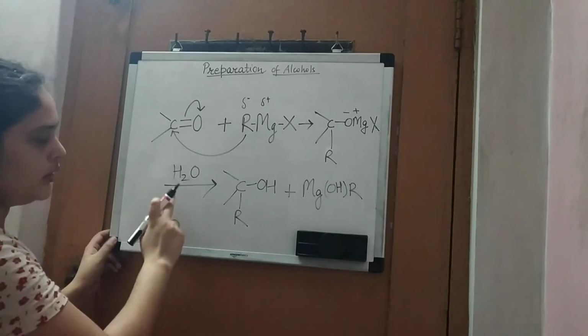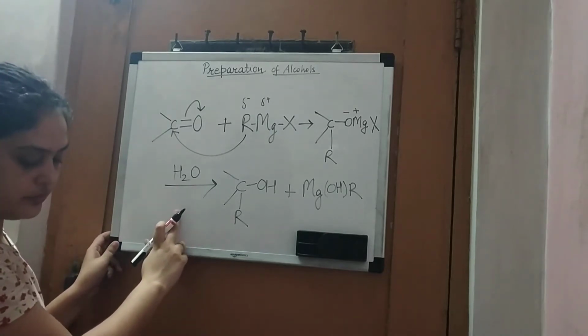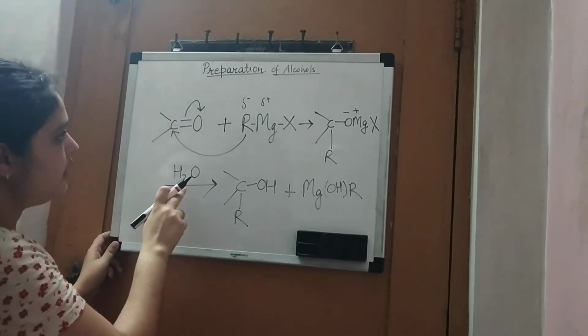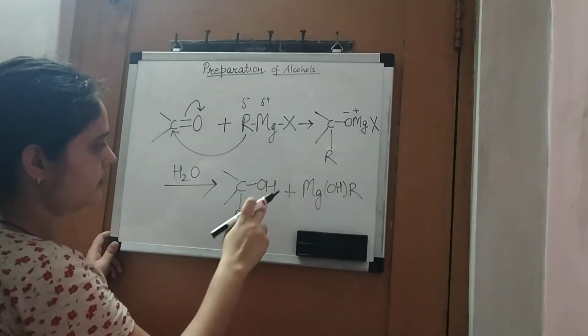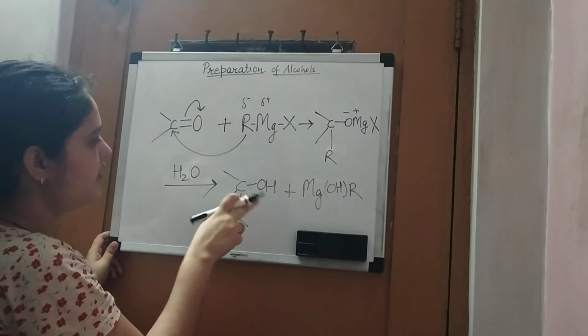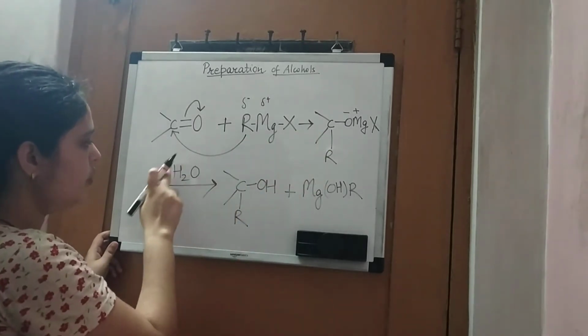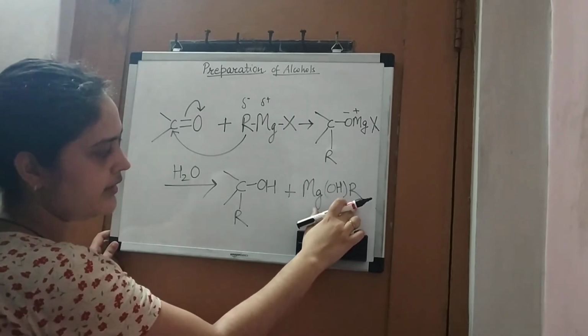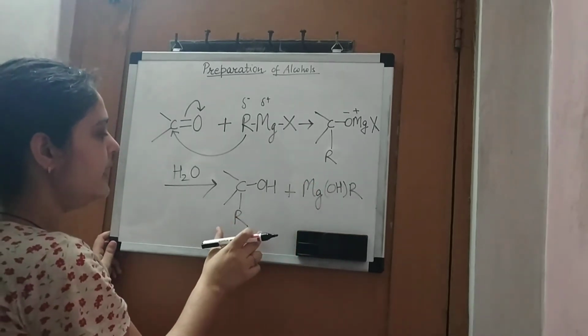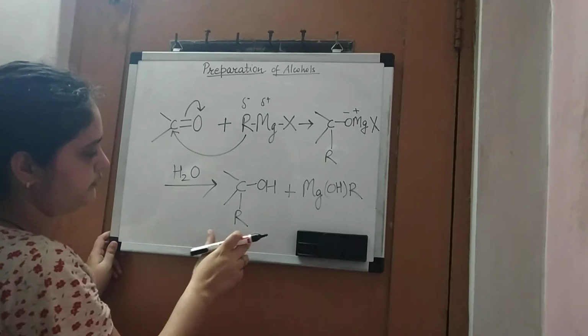Now when you add water to it, the hydrogen atom will attach to the oxygen atom, and MgX will get attached to the OH of water. So Mg(OH)X will be left as a byproduct, and this alcohol is formed.